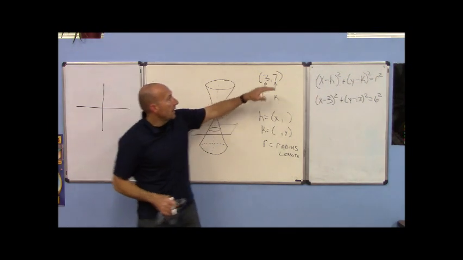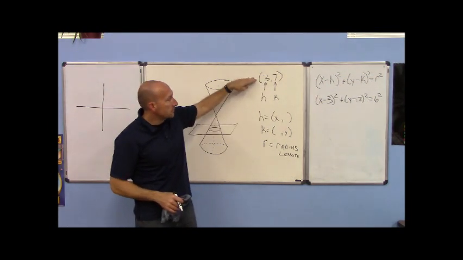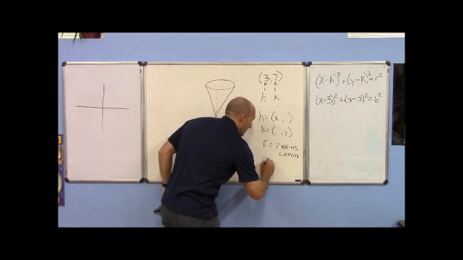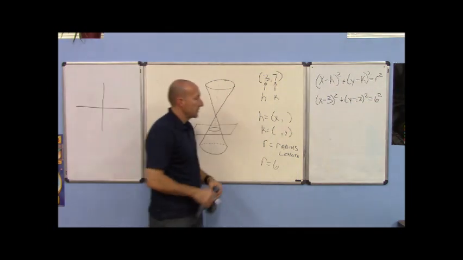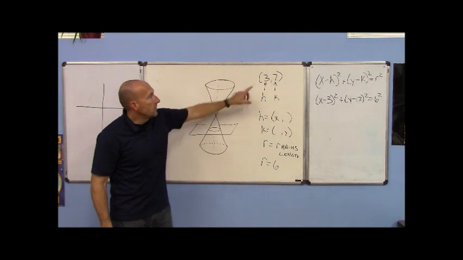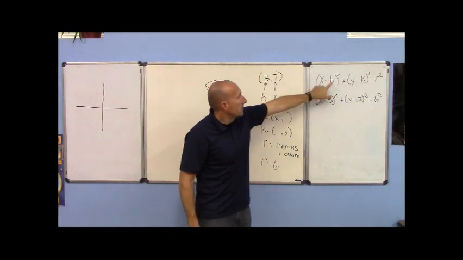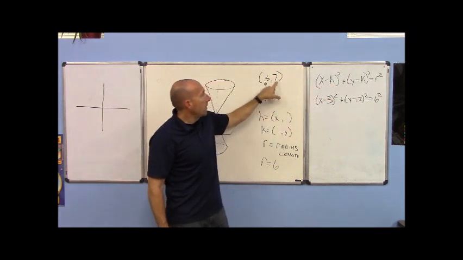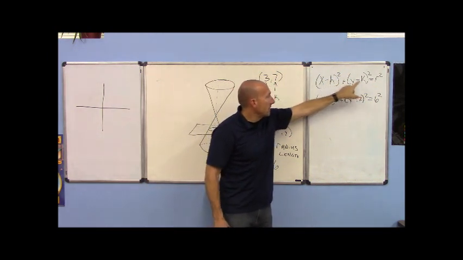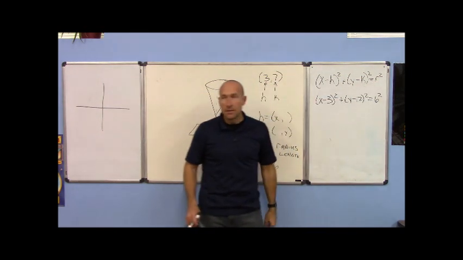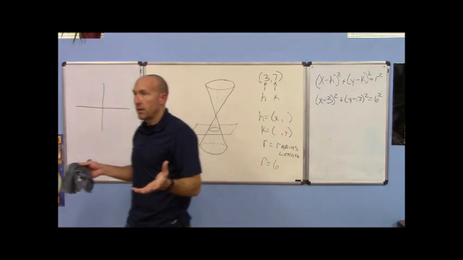So we were given a coordinate point and a radius length, r equals 6 in this particular situation. All we do is plug in the x part of the coordinate for h, the y part of the coordinate for k, and the radius length for r. And that is our equation.